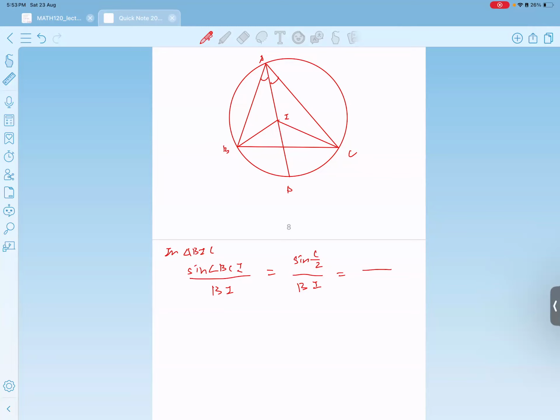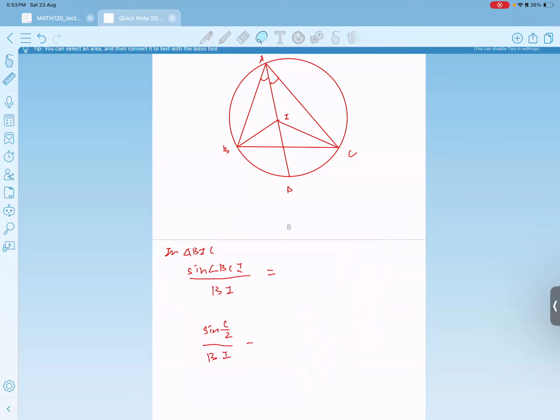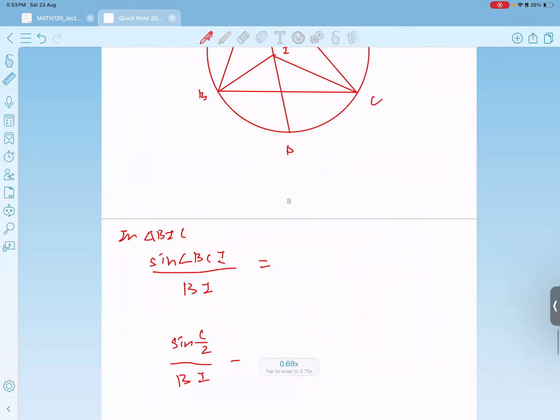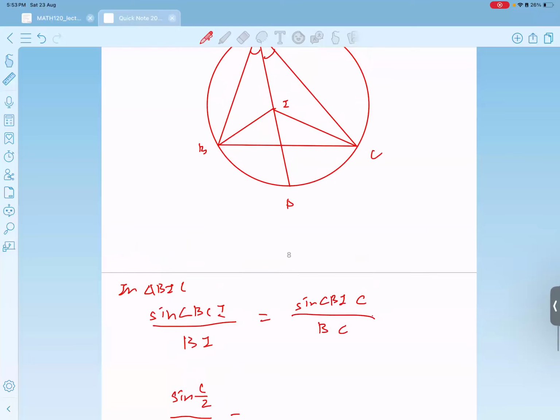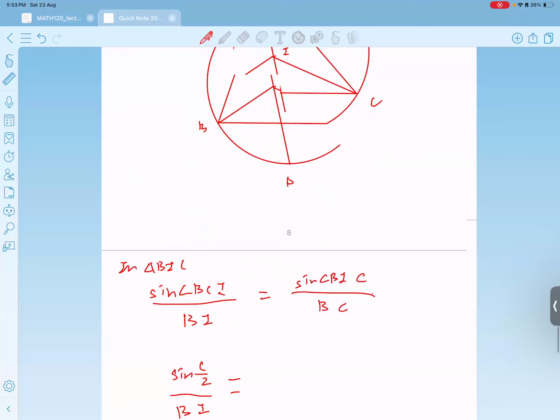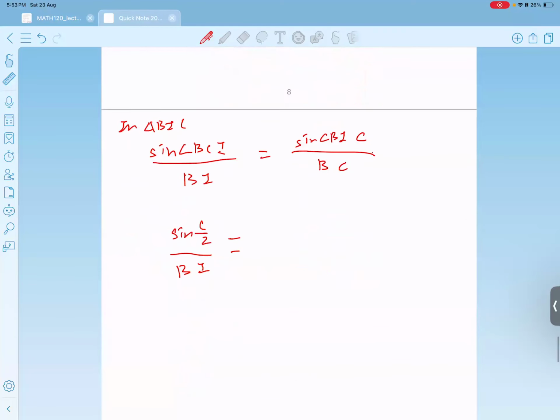Actually, no, I think this is what we're doing right now. Sine BIC over BC. And then sine BIC is also 90 plus A, so it'd be sine 90 plus angle A over BC.